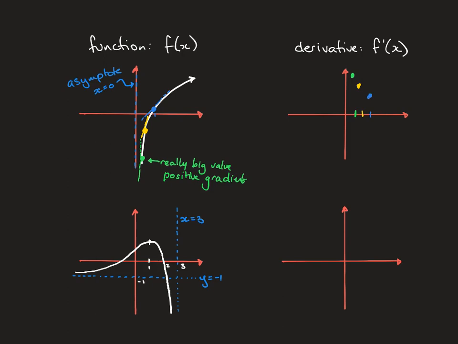And continuing on, I'm going to do a red one up here. That's even less. And so at the red mark, even less. But it doesn't look like the graph is ever going to become 0. And so I'm not going to actually get an x-intercept over here. So it looks like for this graph, what our derivative function is going to look like is it's going to look like this.